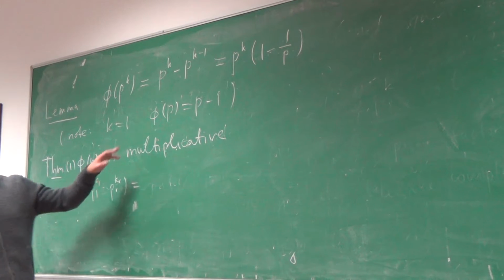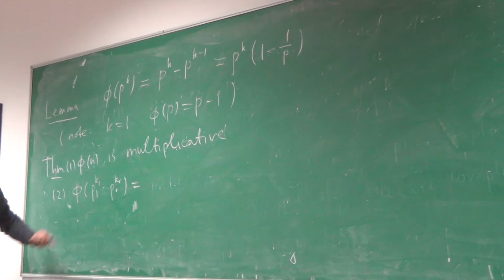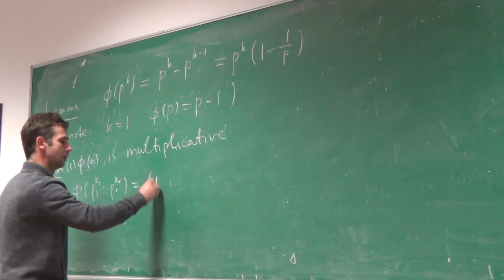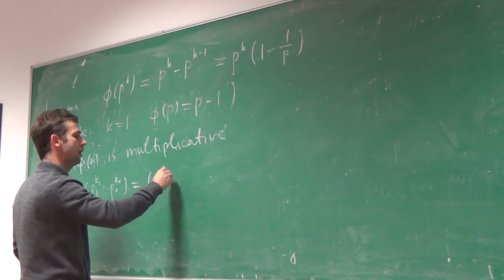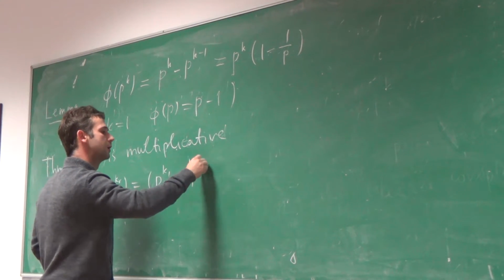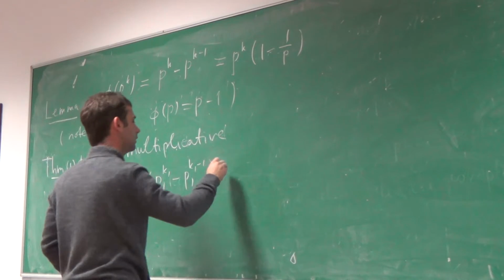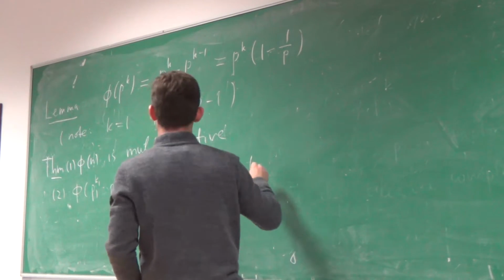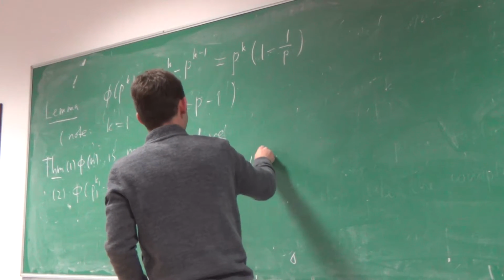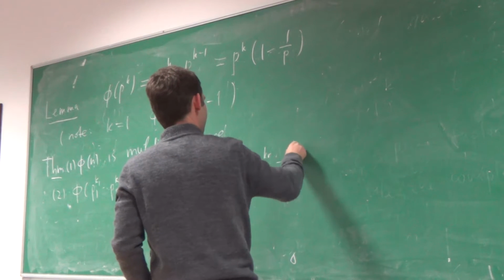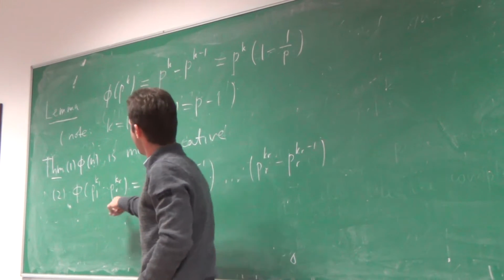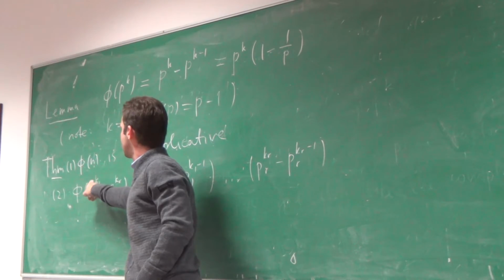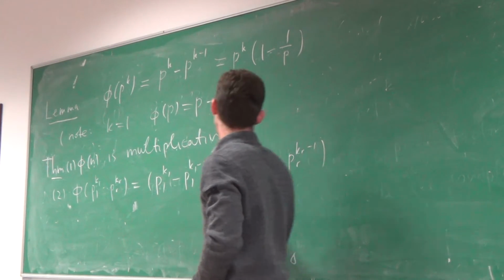We put these things together for all primes, so I have p1^k1 times lots of other terms times the last term. Primes go up to r, and the exponents go from k1 to kr.